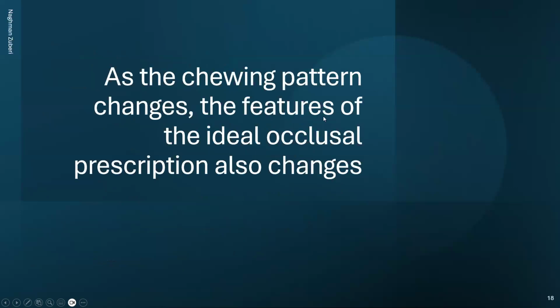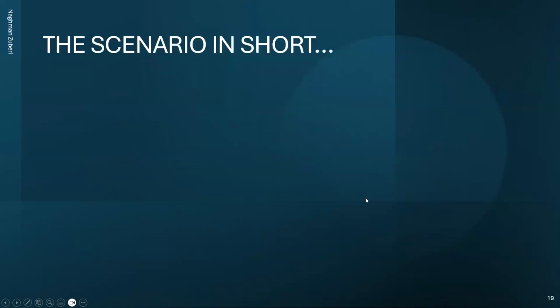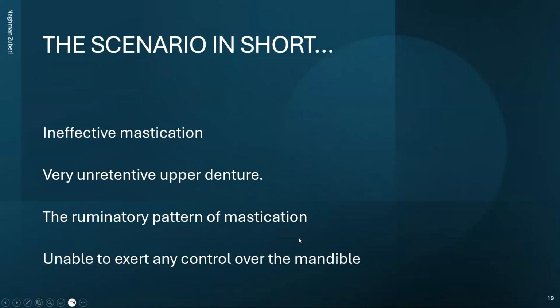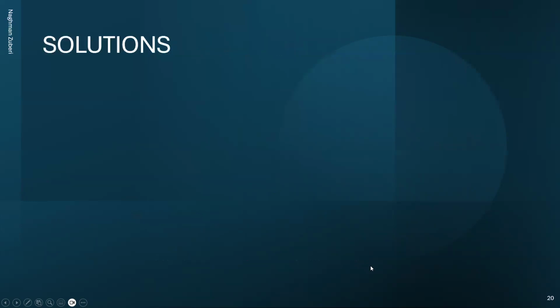So as the chewing pattern changes, the features of the ideal occlusal prescription also change. The scenario in short is ineffective mastication, a very unretentive upper denture, the ruminatory pattern of mastication, and inability to exert any control over the mandible.